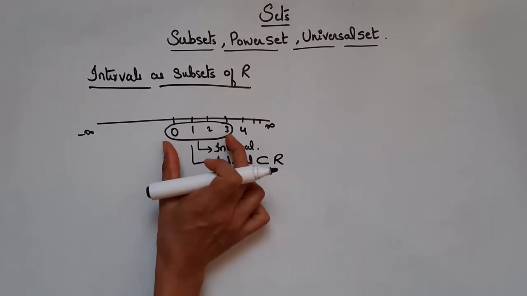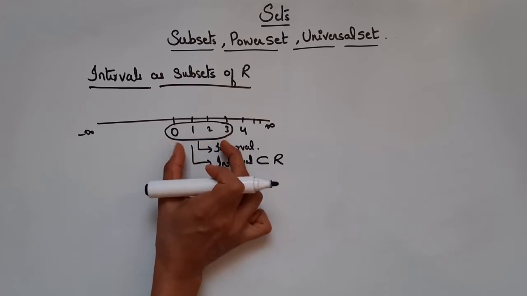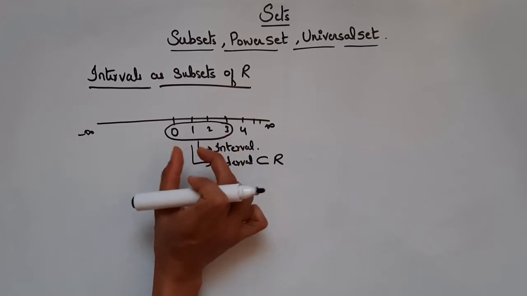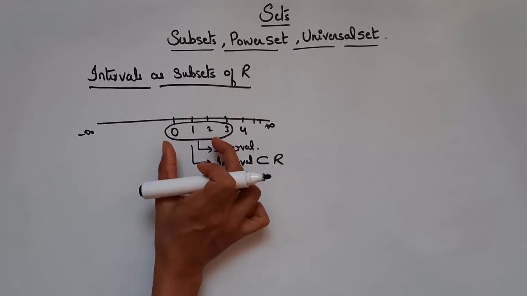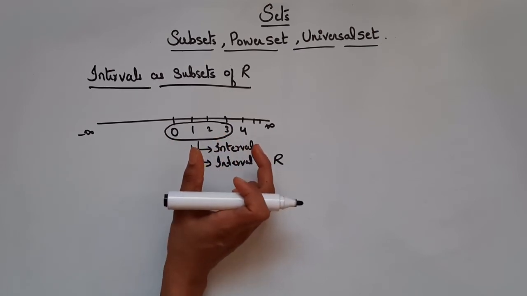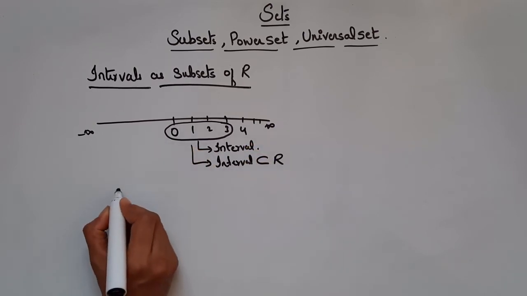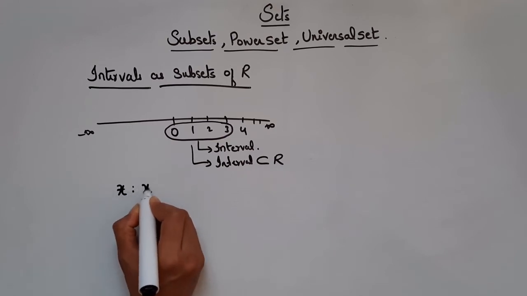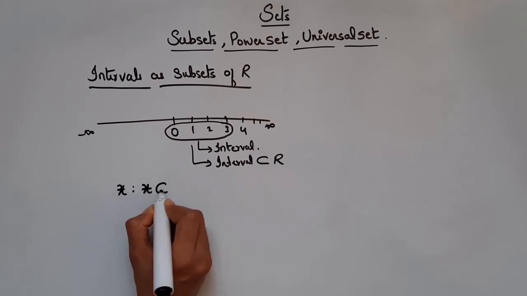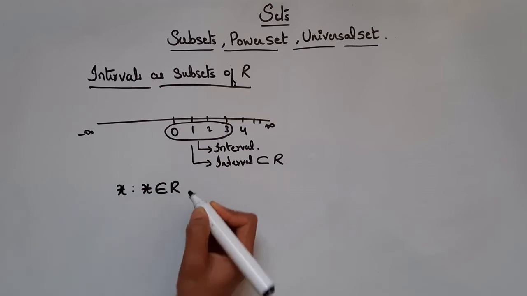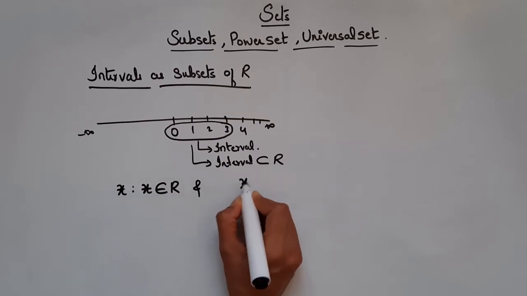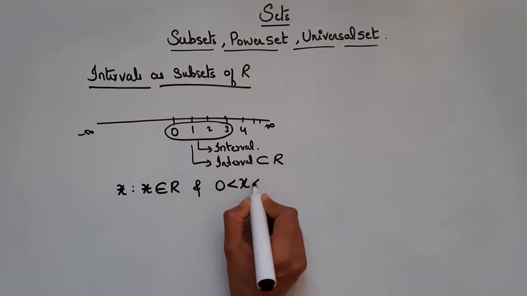In this particular interval, there are infinite numbers from 0 to 3, right? Here 0 and 3 are the end points of this interval. We don't know whether this 0 and 3 are included in this interval or not. So there can be 4 possibilities. How can you write that mathematically? X is an interval such that X belongs to R and X lies in between 0 and 3.